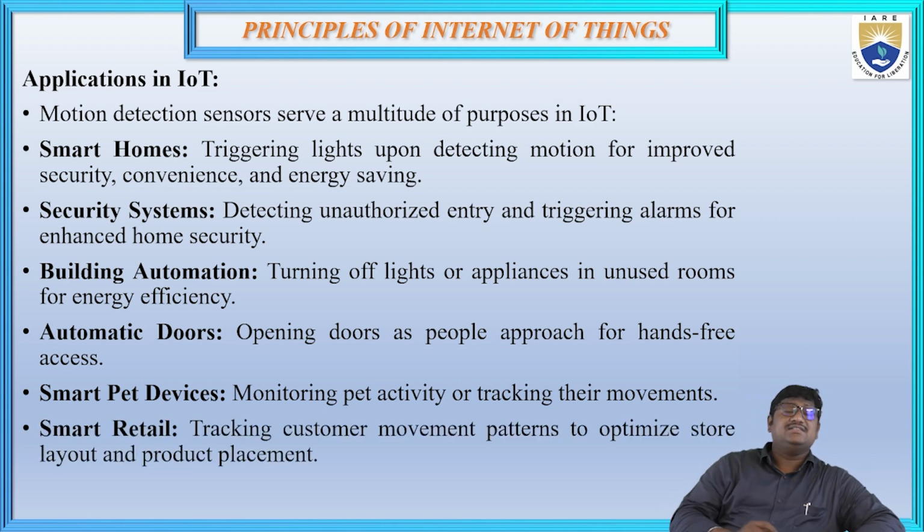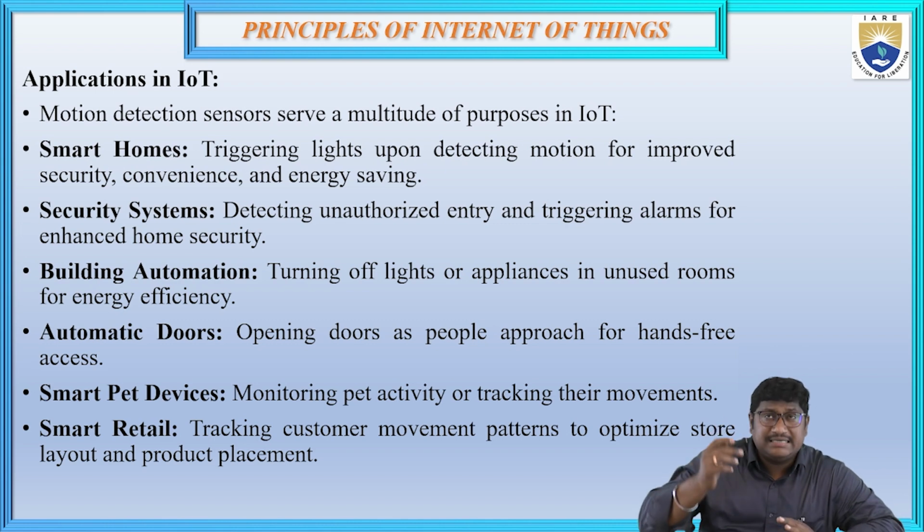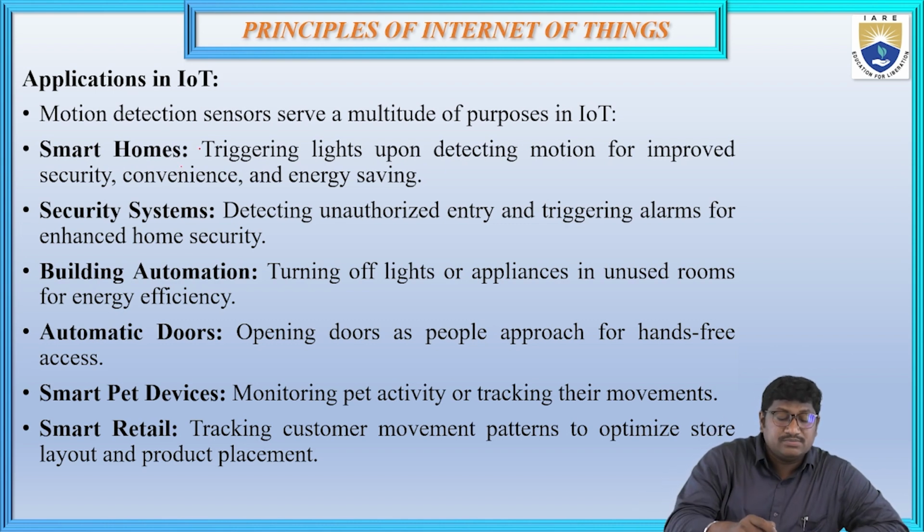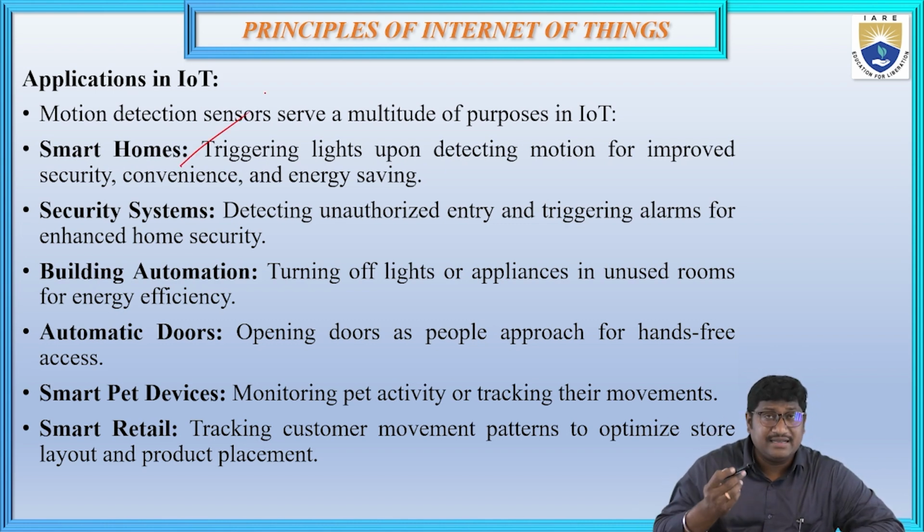The motion detection sensors are going to serve multiple purposes such as smart homes, triggering lights whenever motion is detected, improving security, convenience and efficiency. Coming to security systems, you need to detect unauthorized entry and trigger the alarms to enhance home security. Building automation, turning off the lights and appliances in unused rooms for improving energy efficiency.